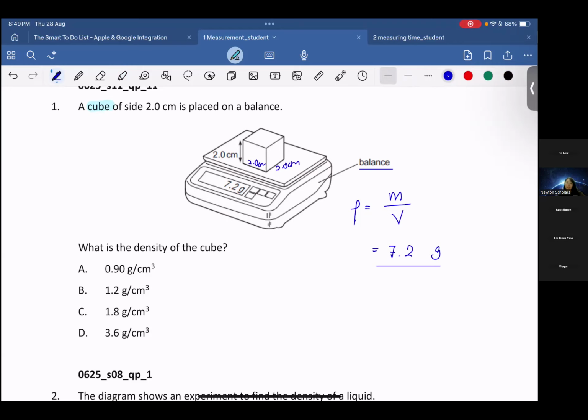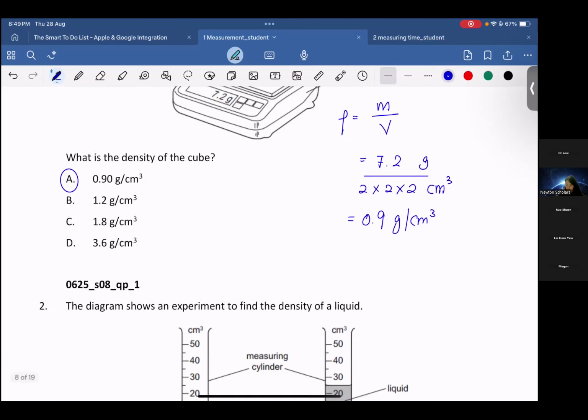Length times width times height, all are 2 cm, so 2 times 2 times 2. The unit for volume will be cm cube, because 2 cm times 2 cm times 2 cm gives cm three times. So your answer should be 0.9 gram per cm cube. Answer is A. This question tests whether you know how to calculate the volume of a cube.